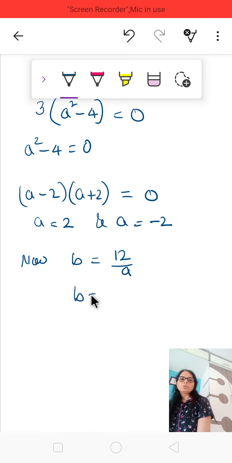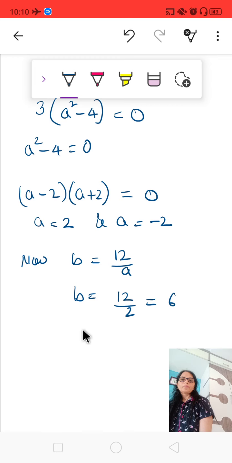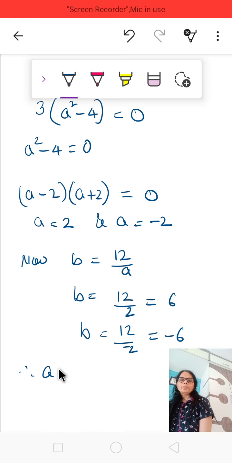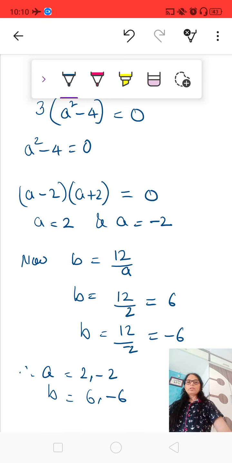So b is equal to 12 upon 2, so I will get 6. b is equal to 12 upon -2, I will get -6. So your values are: a की वैल्यू 2 और -2 है और b की वैल्यू 6 और -6 है. So in this way you are getting this one.